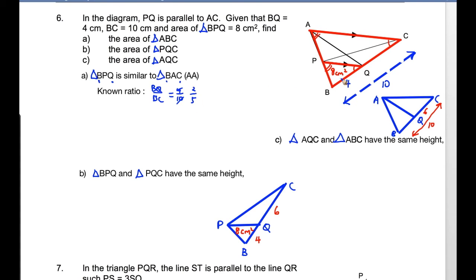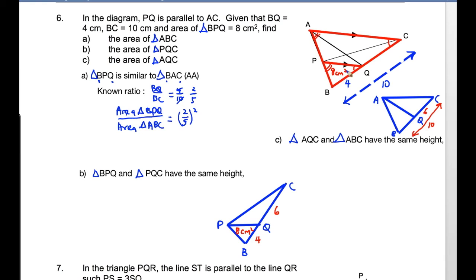And for similar areas, the area of triangle BPQ over the area of triangle ABC equals the ratio of the known sides squared.